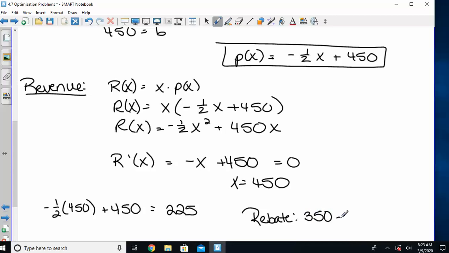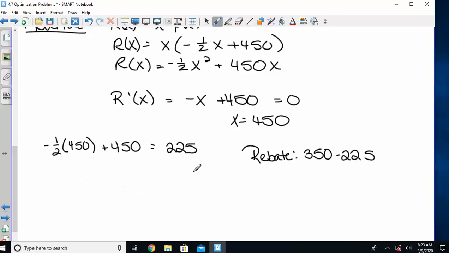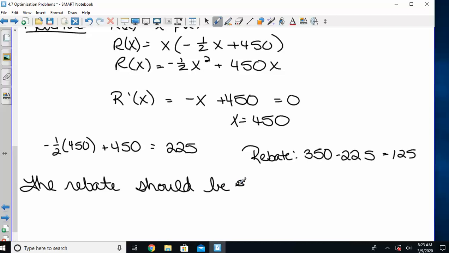And now we're selling them for 225, so if you subtract those, you get 125. So we need a $125 rebate here.